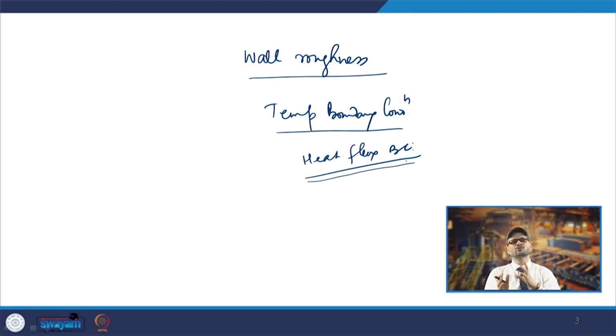Dividing by the heat transfer coefficient and taking into account the temperatures, you find the value of the temperature using these heat flux boundary conditions.